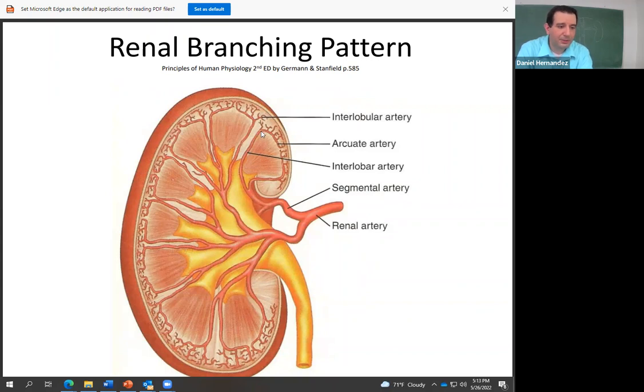The interlobar arteries then become these smaller arcuate arteries that feed the cortex of the kidney. This is where a lot of that filtration goes on, within these arcuate and the interlobular arteries. Then the smaller arteries along the periphery are your interlobular.